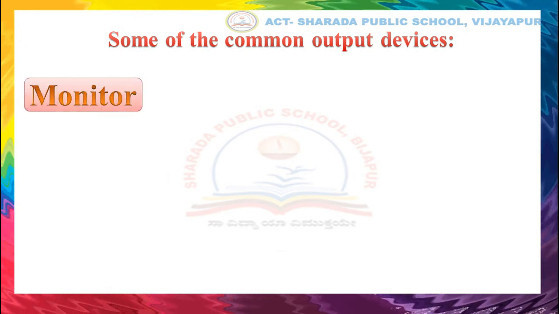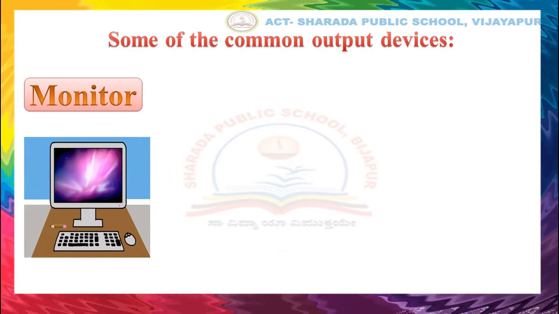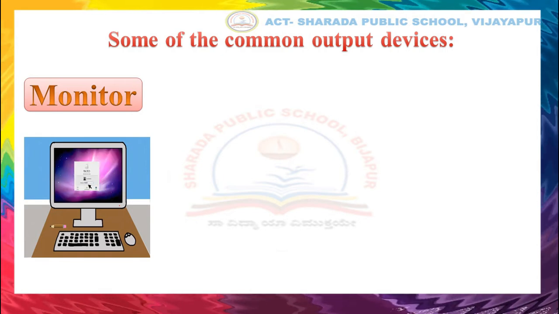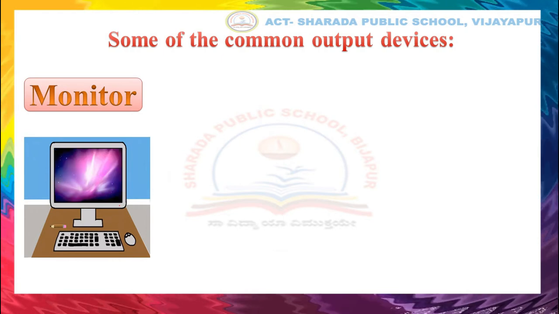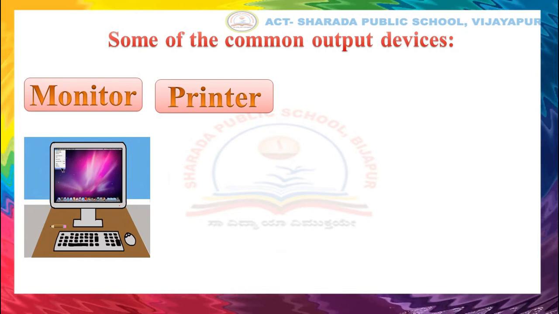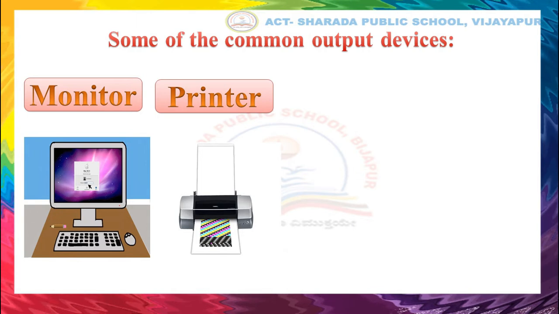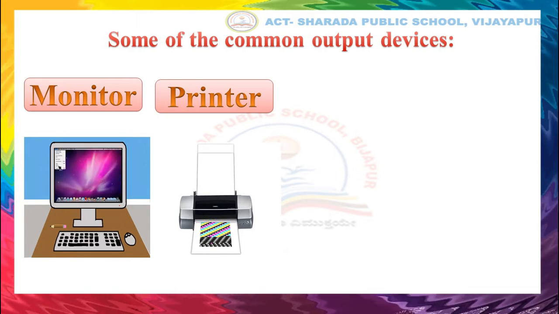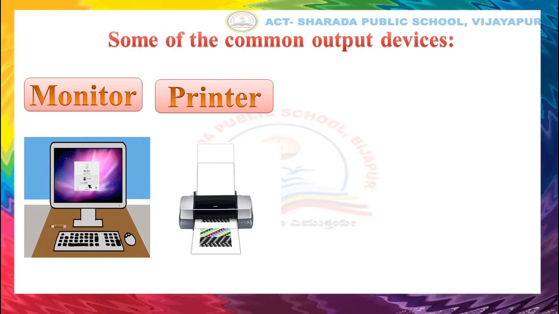First one, monitor. When we paint using the computer, the painting can be seen on the monitor. So, the monitor is an output device. Second one is printer. When we paint using the computer, the painting can be printed on a paper. So, printer is an output device.